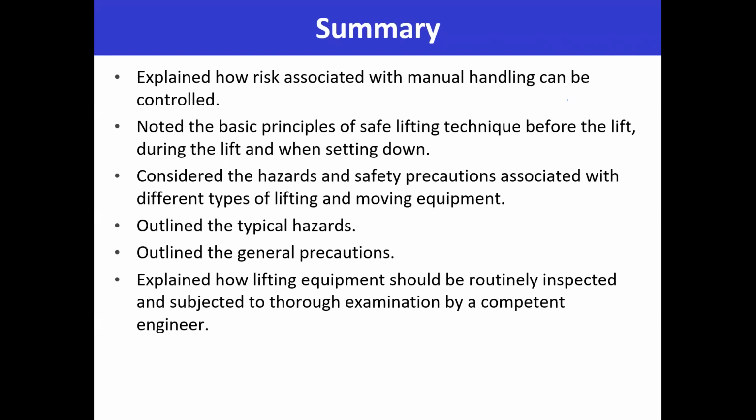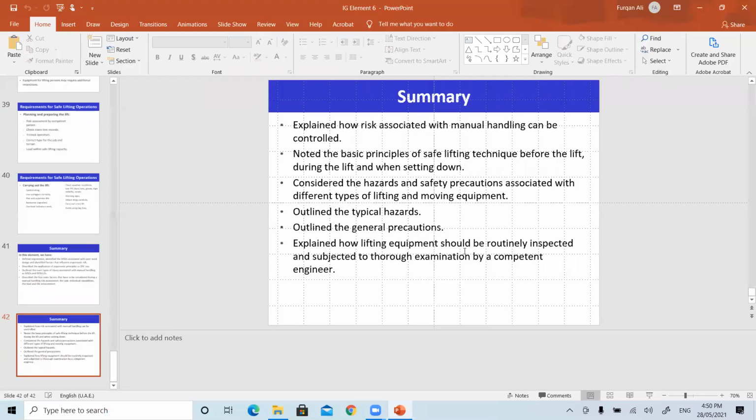We discussed risks associated with manual handling, lifting, we covered that. We also discussed different types of lifting and moving equipment, typical hazards, general precautions, and explained how you should inspect the equipment as well. So this was the end of element number 6.